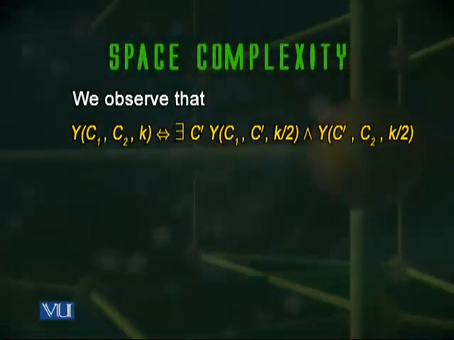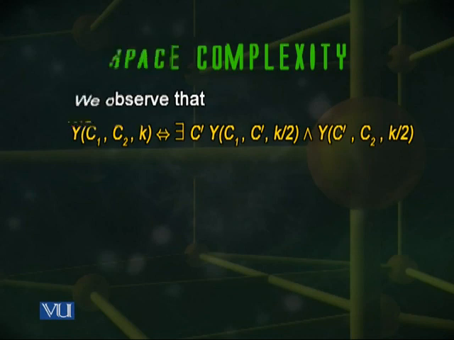We realize that in making this formula this way, we're using only the quantifier exists, and the boolean connective, and therefore this gives us a recursive way of making this formula y of C1, C2, k.